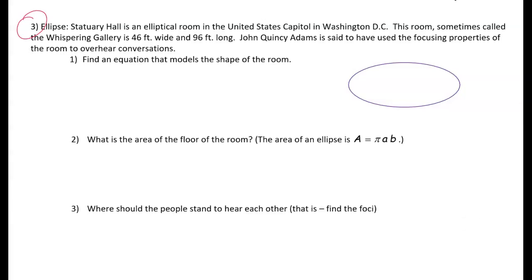So here, it's 96 feet long and 46 feet wide. What are those numbers to us? What do they mean? In an ellipse, they tell us the lengths of what?